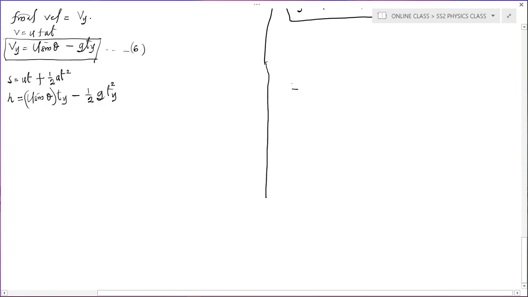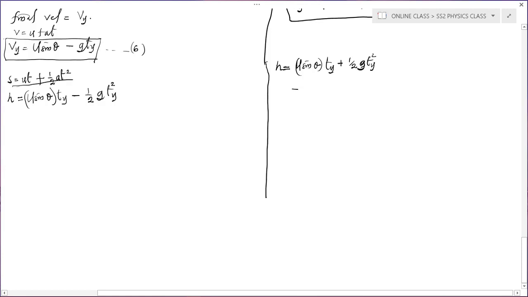But here, we just say that our h is equal to u sin theta t plus half g ty squared.